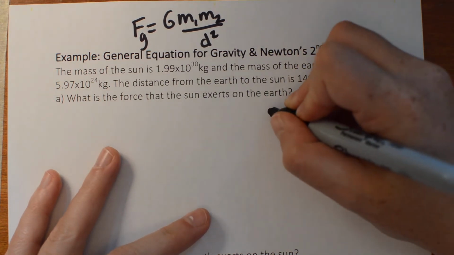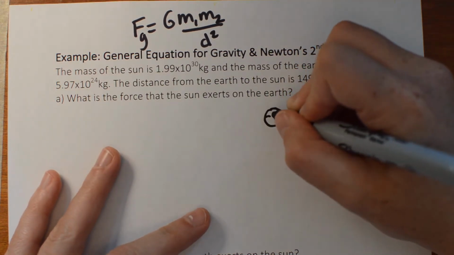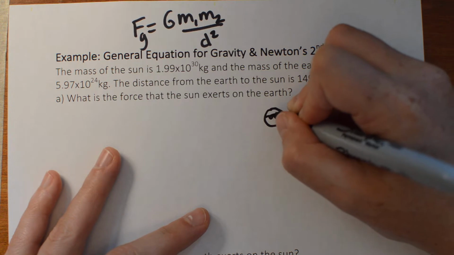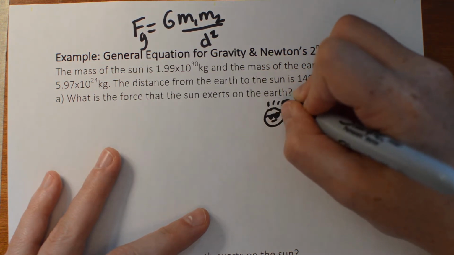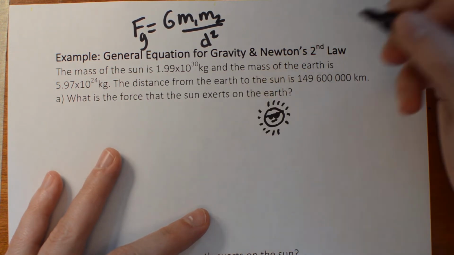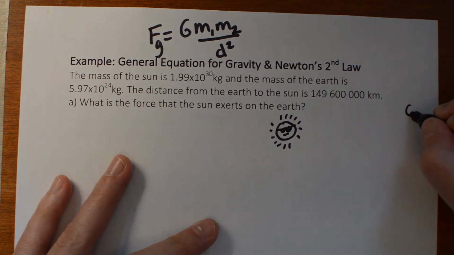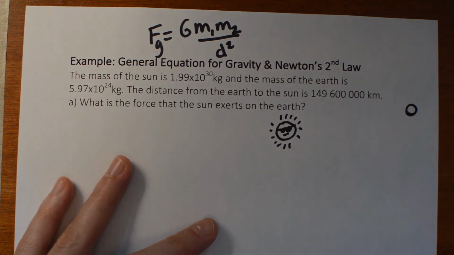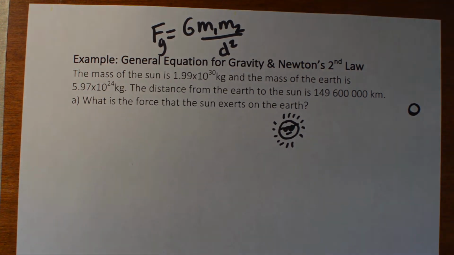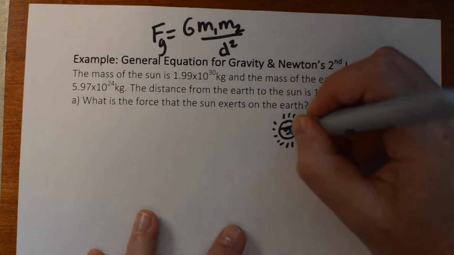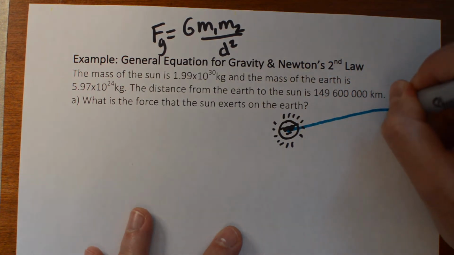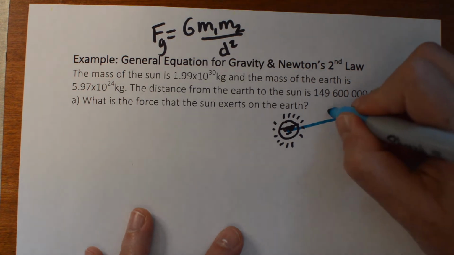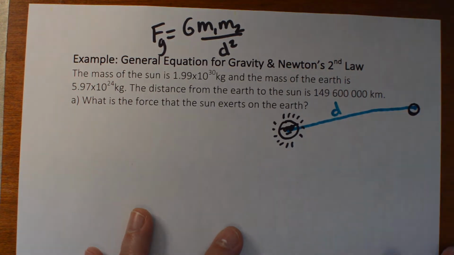We've got the sun, who always wears sunglasses, you know, there he is. That's the sun. Then we have the Earth over here, quite a lot smaller, it's not to scale. The distance between them is d, and it's the distance between their centers. Oh, sorry, that was supposed to be a straight line. That's the distance between them there.